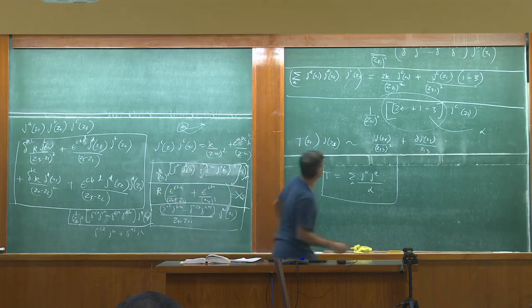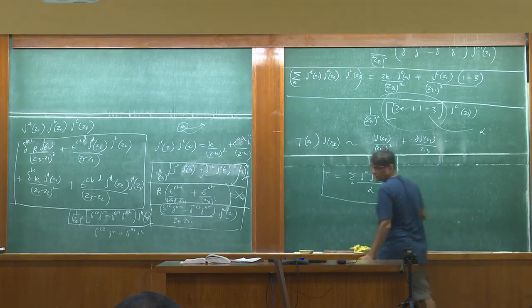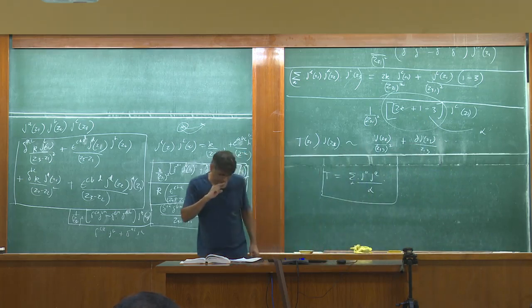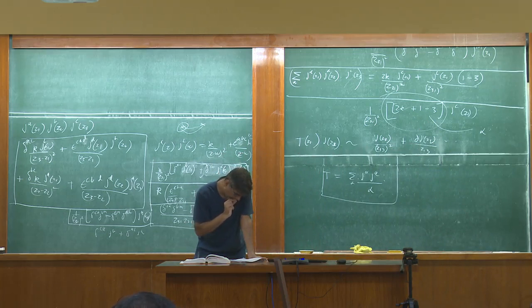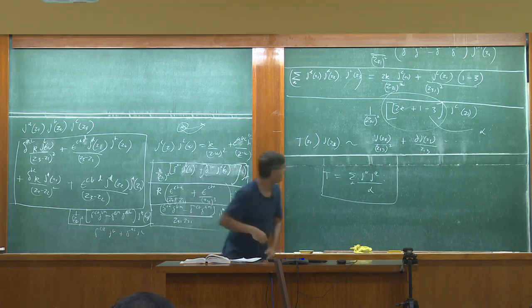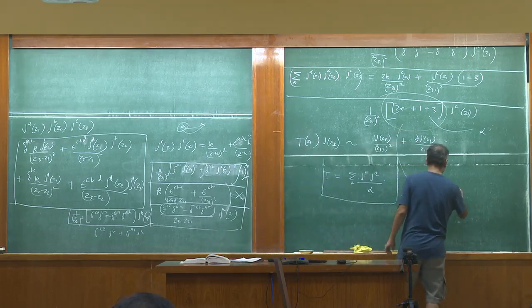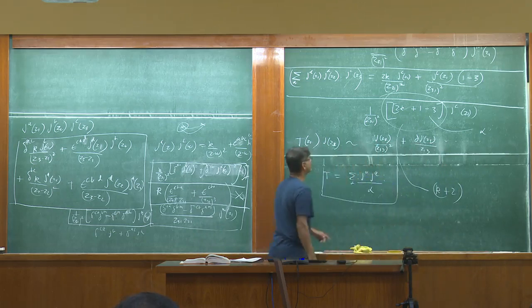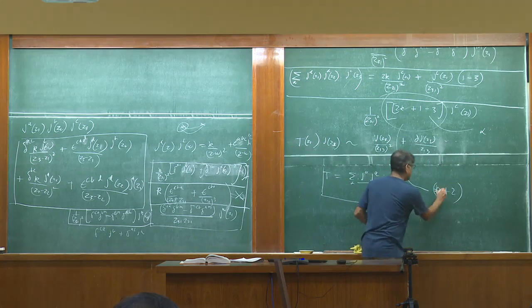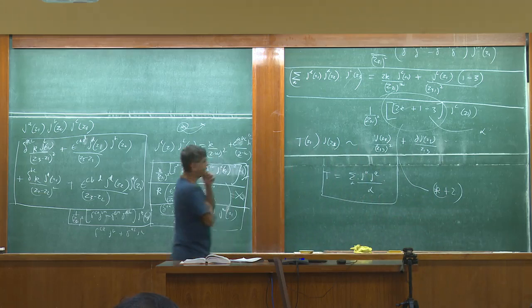What Polchinski reports is k plus 2. His k, so our 2k plus 2, our 2k plus 2 plus 2.